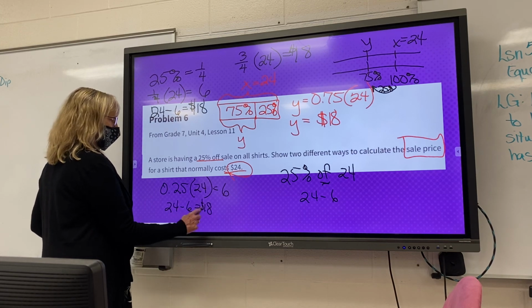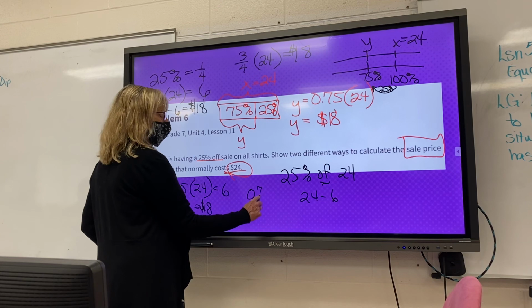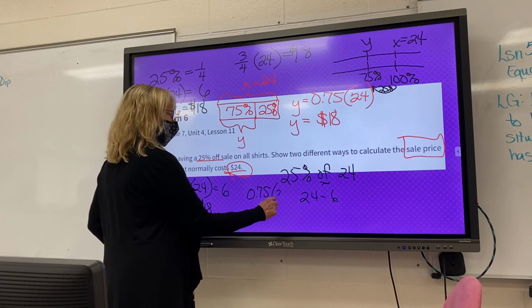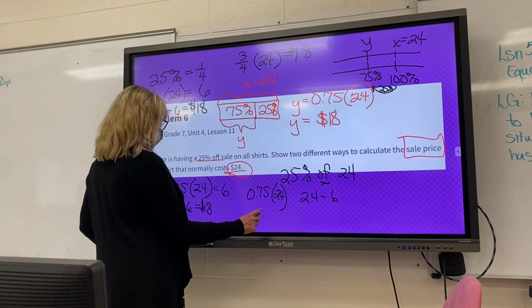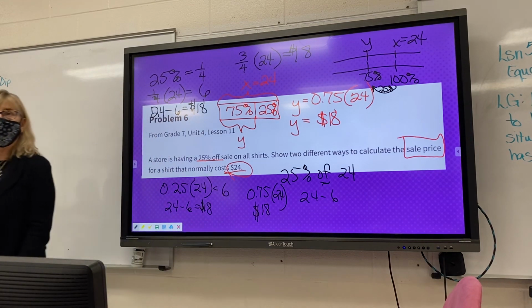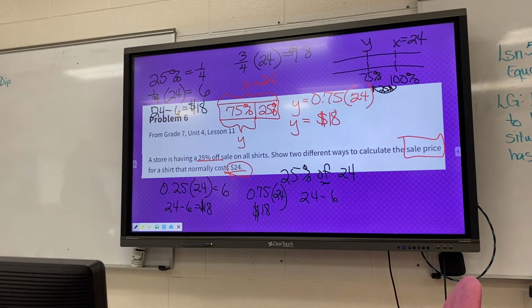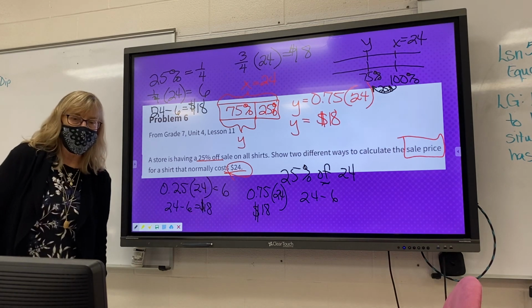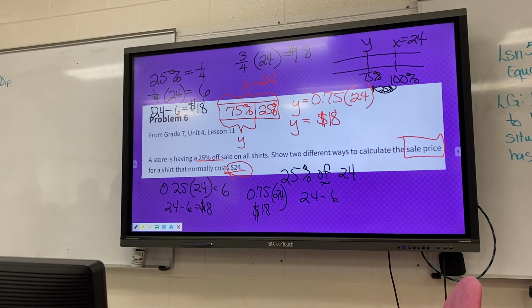By the same token, could I do 0.75 times 24? Yep. And I would automatically get 18. You would have to do $18, that I took care of the subtraction with the percent instead of with the dollars. Either way works. Thank you. I don't know who said that, but that's another way. I think Skylar said it. Skylar said it, okay.